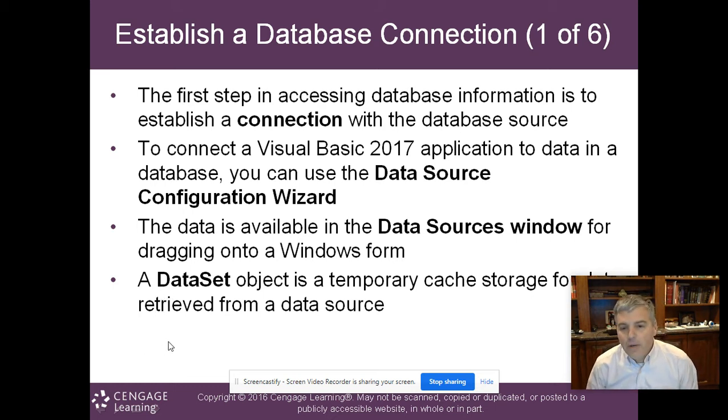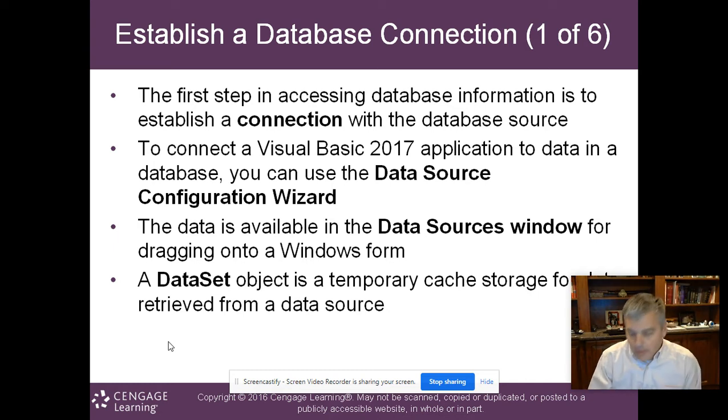A data set is an object. A data set object is a temporary cache storage for data retrieved from a data source. So you're going to take the data from the database, put it into a data set temporarily so you can display it in the Windows form. Okay, so that's temporary. You're not actually looking at the database. You're taking a temporary copy of it and putting it in the form. That data set will be updated.